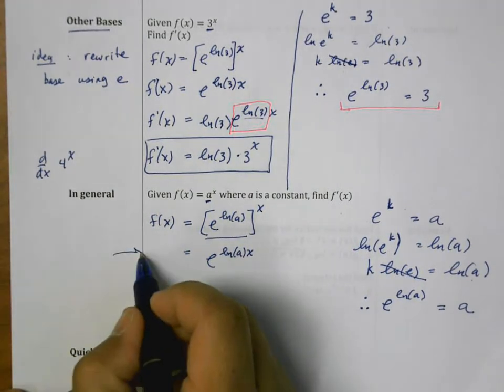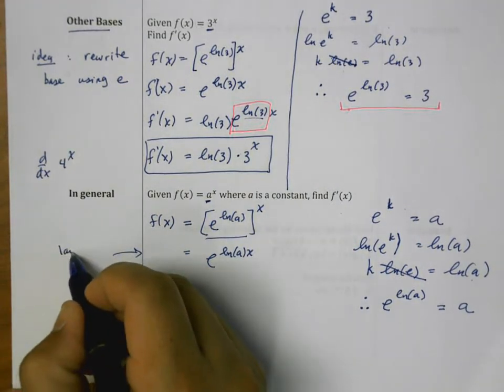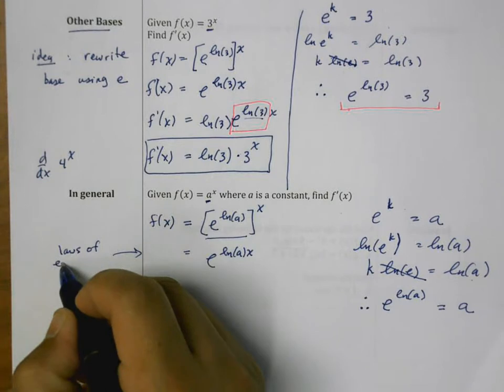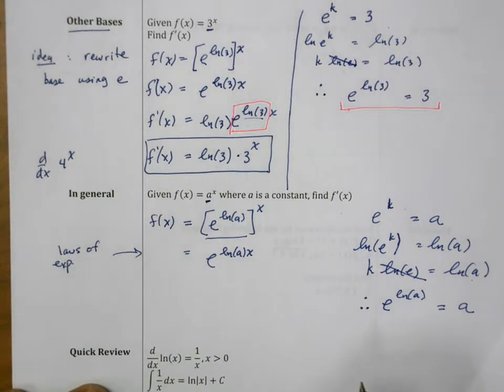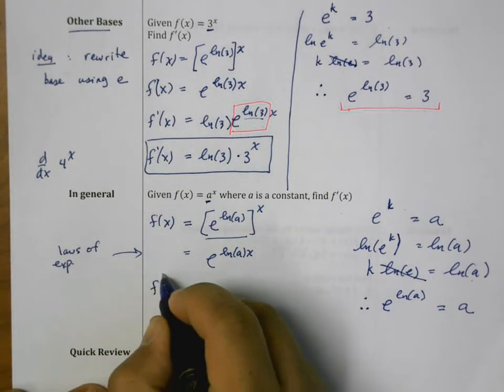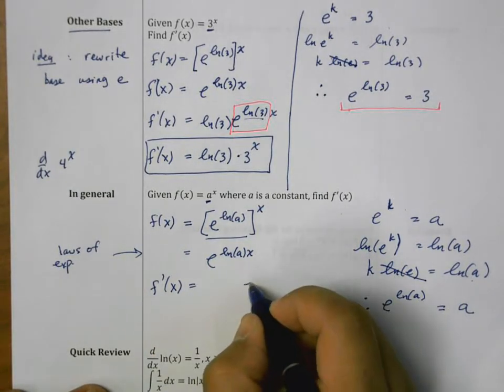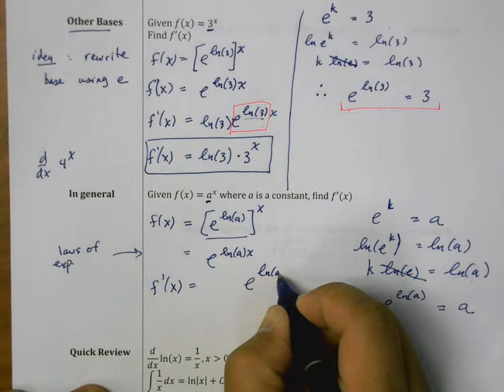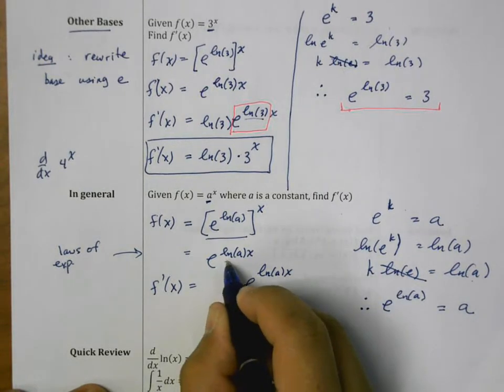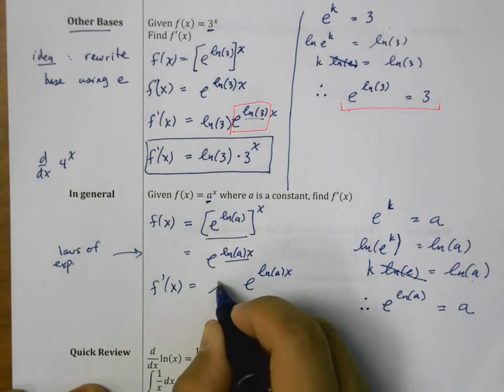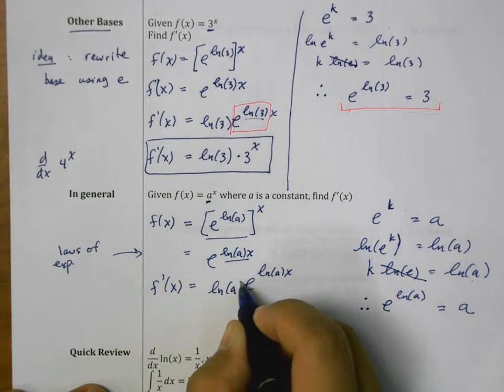This is laws of exponents. And then now we can take the derivative. f prime of x is the same thing, e to the natural log of a times x, times the derivative of the inside function, which is just natural log of a.